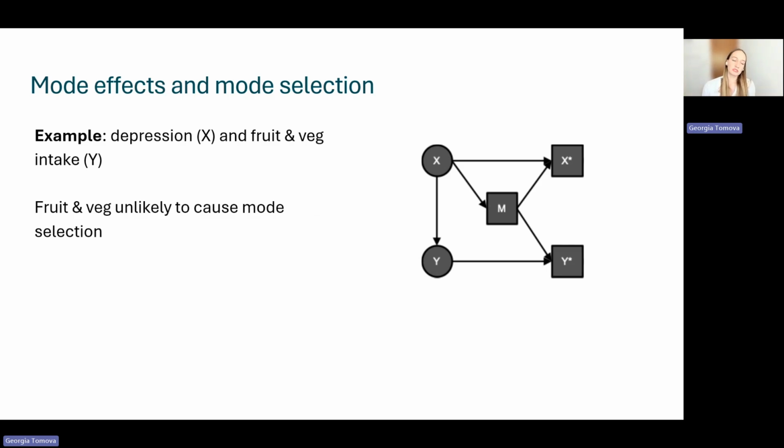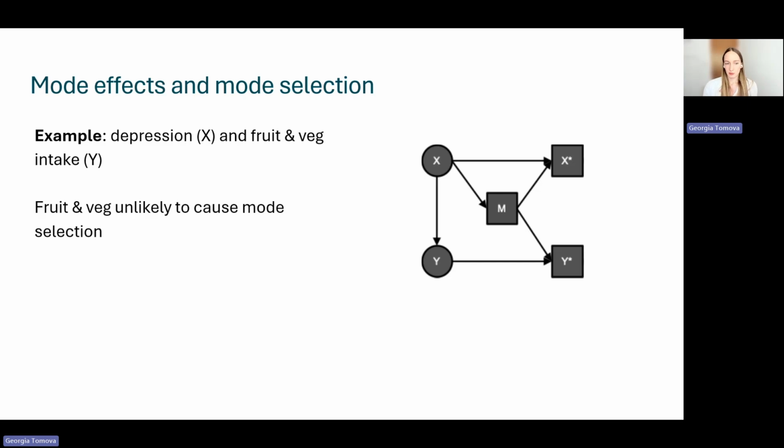For example, if we were to replace the outcome, rather than alcohol intake, we look at something like fruits and vegetables intake, because we're interested in studying the effect of depression on, for example, healthy diet. Here, although both of them would likely be subject to mode effects, so we would still consider that M causes X star and M causes Y star.